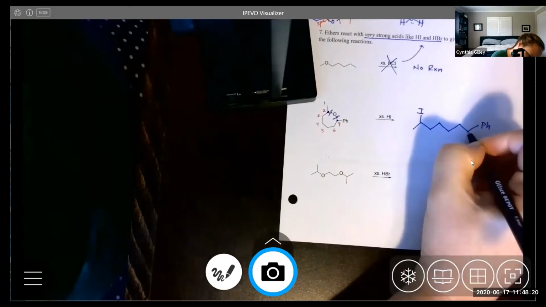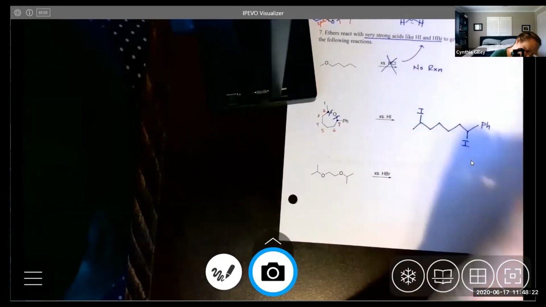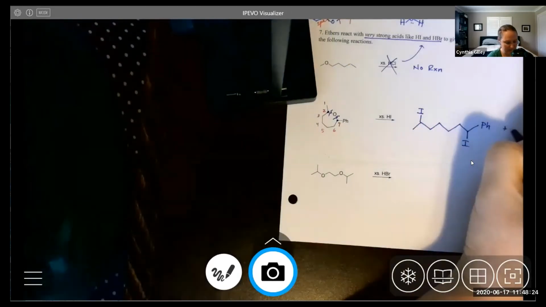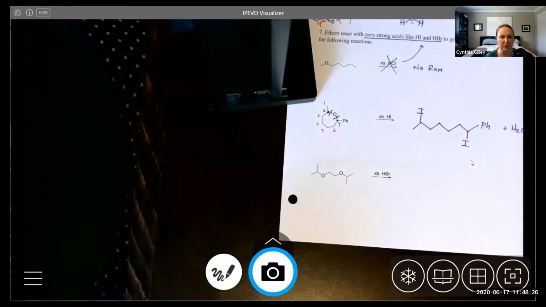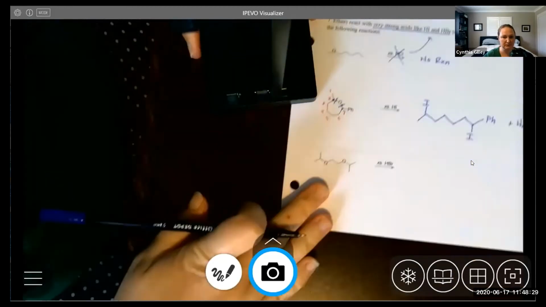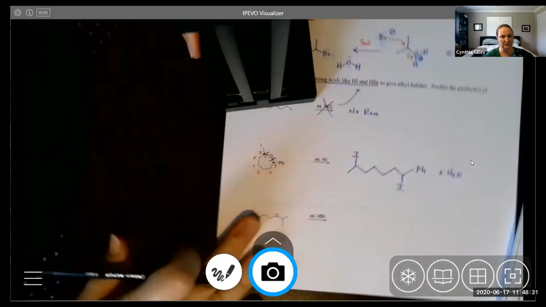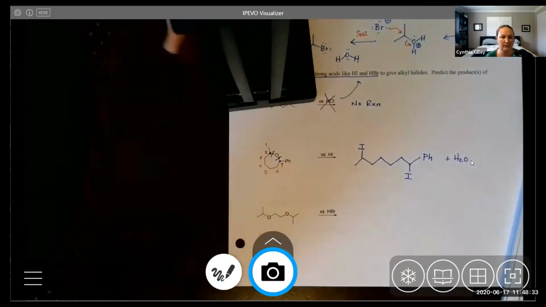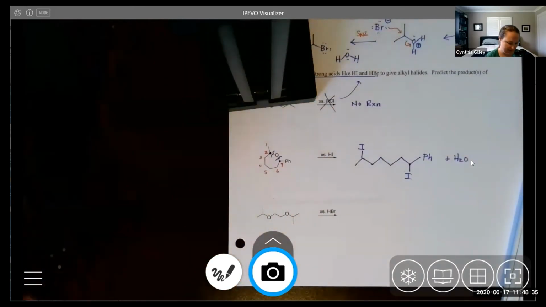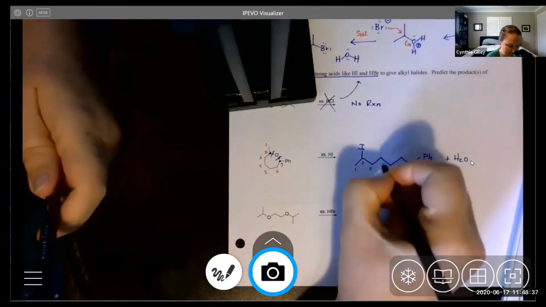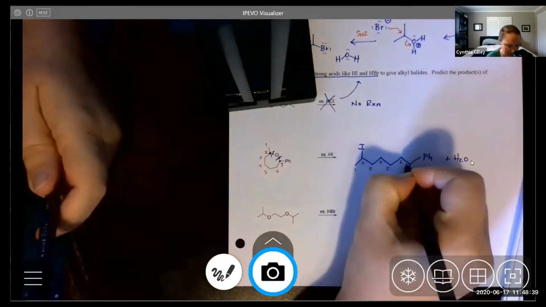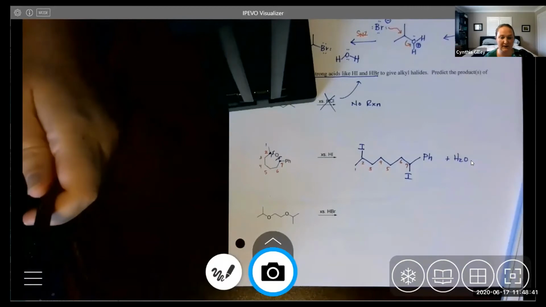Also at carbon number 7. Plus water. I broke both bonds. So again, figure out where to put it just by doing some quick counting.